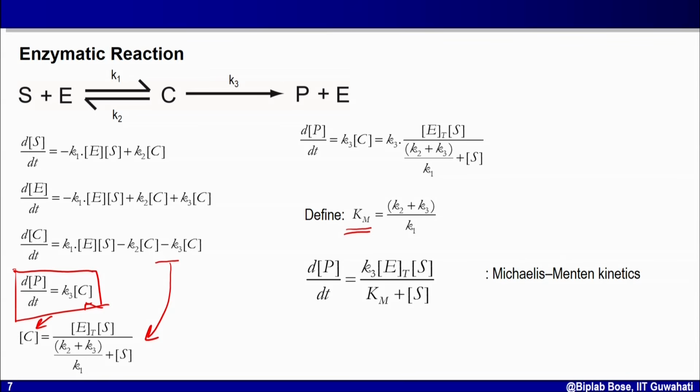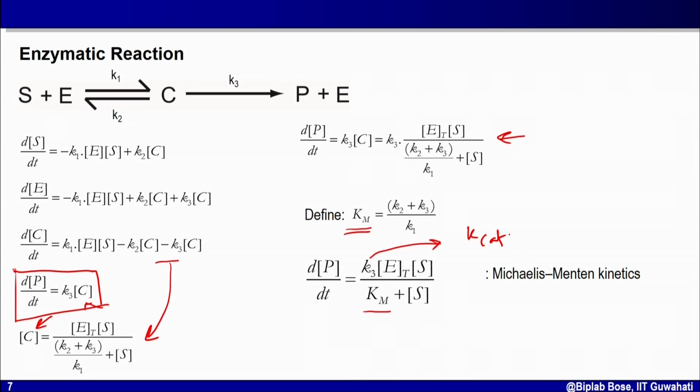Now I can rewrite this ODE. dP/dt is equal to K3 remaining on the top in the numerator, K3 into Et into S, the concentration of substrate. Et is the total concentration of the enzyme, divided by, in the denominator, Km plus S. Km is the Michaelis-Menten constant, and remember this K3 is sometimes called Kcat.